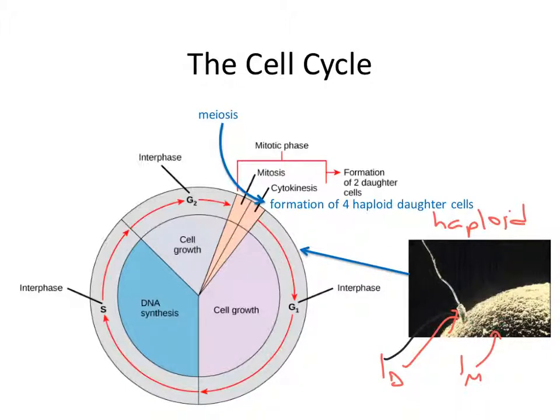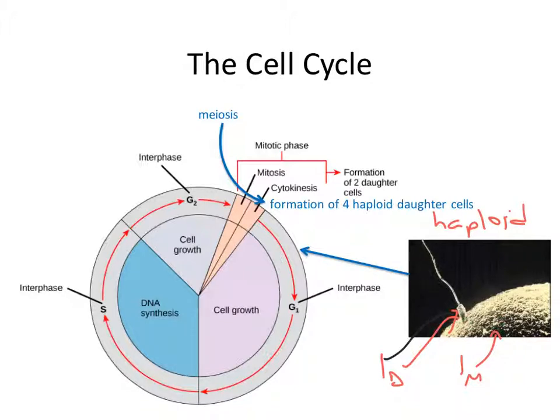Okay, so when you were born, when you were conceived, you started out in interphase. Then DNA synthesis happens. So how much DNA is present after DNA synthesis? You started having 2 haploid cells. They fuse.